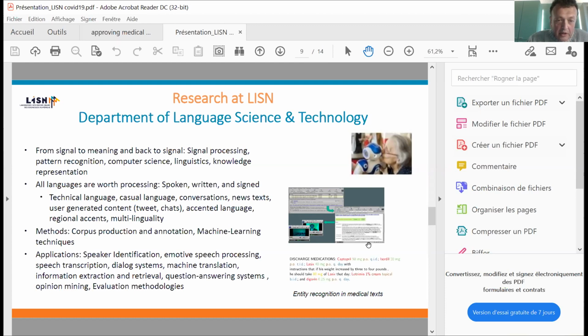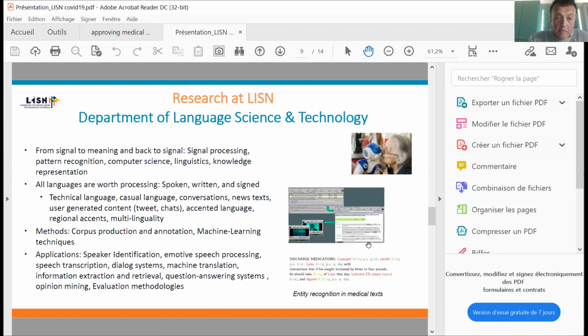If you deal with language, you have to go from signal to meaning, and vice versa. And all languages are worth processing: spoken, written, sign, technical, accented language, regional accents, and all the languages of the world, not only French and English.